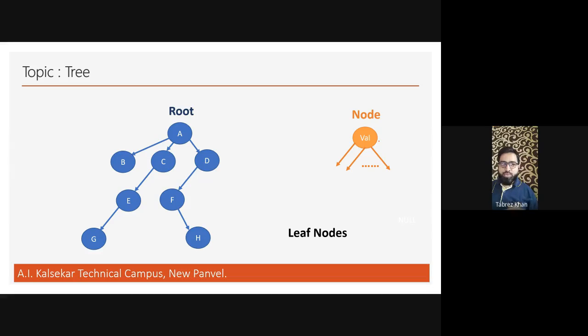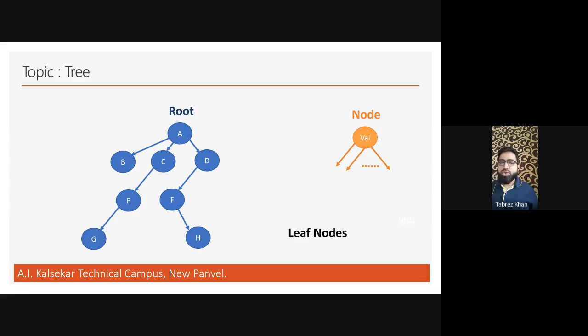The computer science tree is an upside down version of your natural tree. If you visualize a natural tree, you have the root at the bottom and then it grows up. But if you visualize a computer science tree, it has the root at the top and then it grows down.